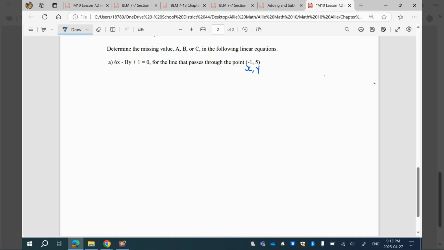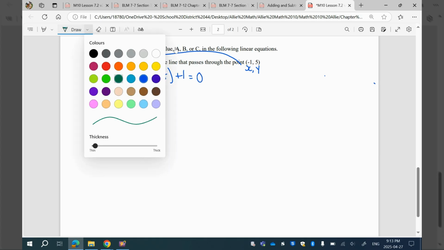So we can input that information into our equation. So 6 times x, which is -1, subtract b, which we don't know, but b is being multiplied by 5, plus 1 equals 0.